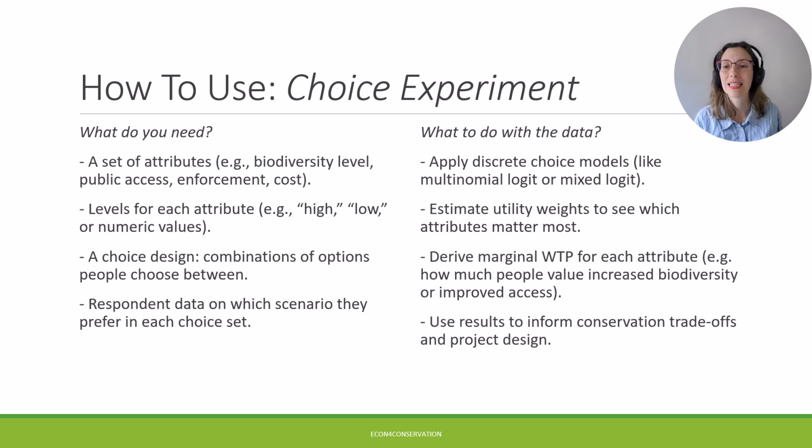The analysis typically uses models like the multinomial logit. From these, we can calculate marginal willingness to pay, for example, how much people are willing to pay for an improvement in biodiversity relative to cost. Choice experiments thus provide deeper insight into trade-offs among attributes.